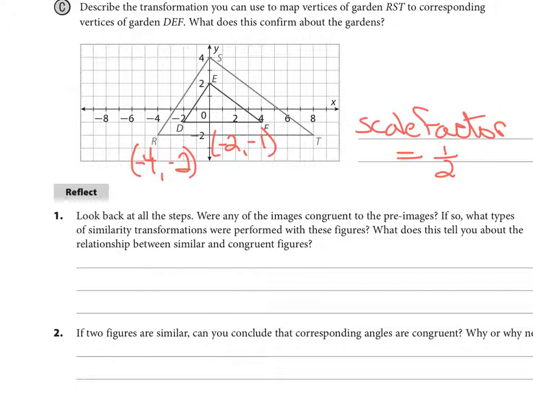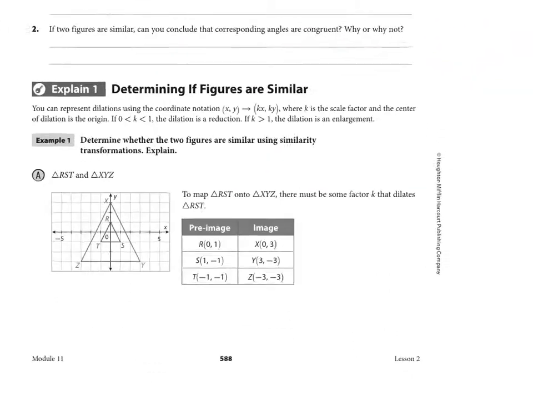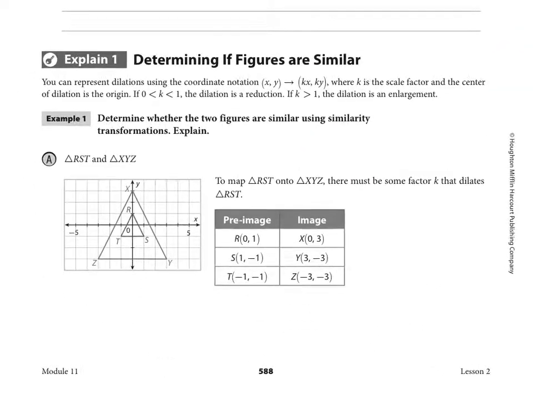And then if you look down at the bottom of this page, it tells you right here, you can represent dilations using the coordinates (x, y) goes to (kx, ky), where k is the scale factor and the center of dilation is the origin.